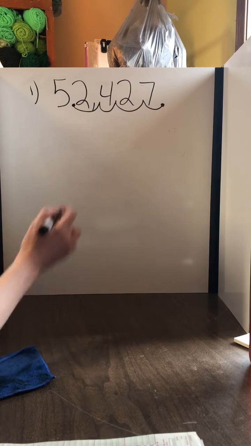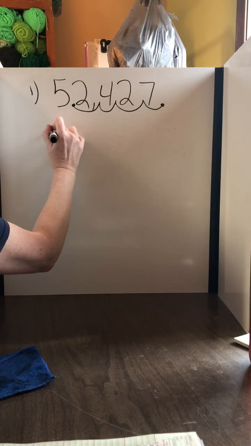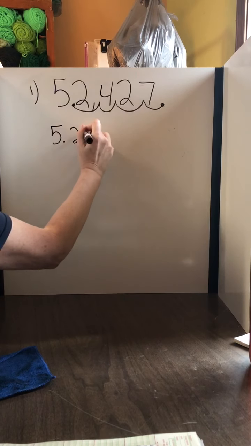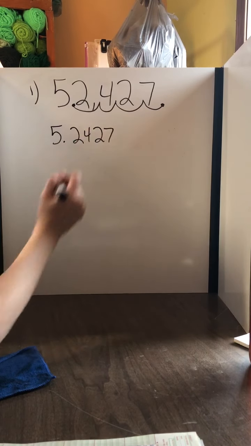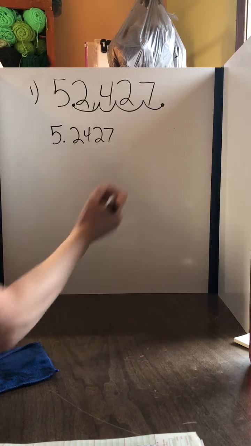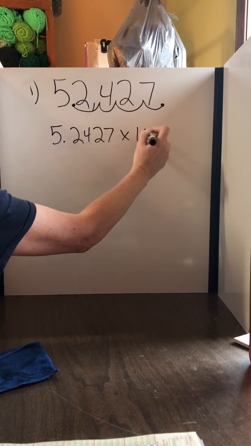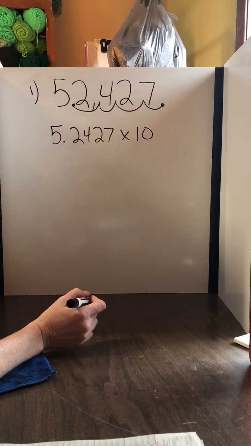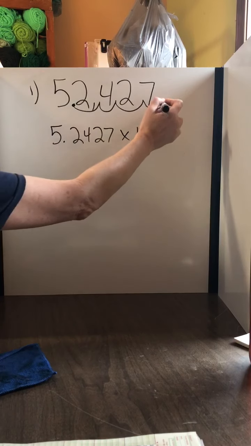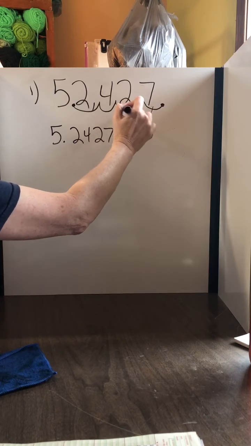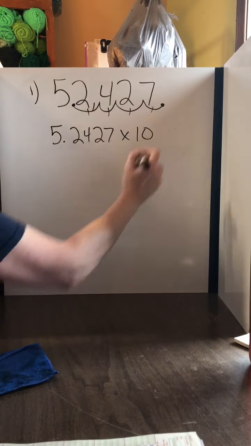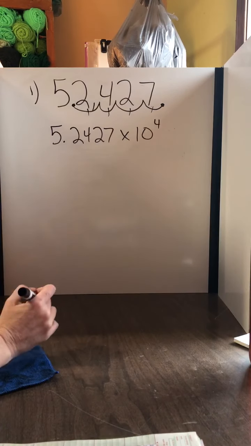And I want to write this as a power of 10, so I'm going to write 5.2427 and multiply that by a power of 10, and the power of 10 is the number of decimal spaces I moved. I moved 1, 2, 3, 4 spaces. So I'm going to write it as 10 to the 4th power.